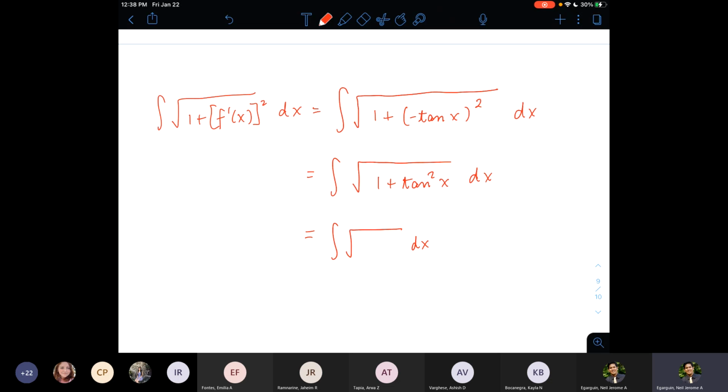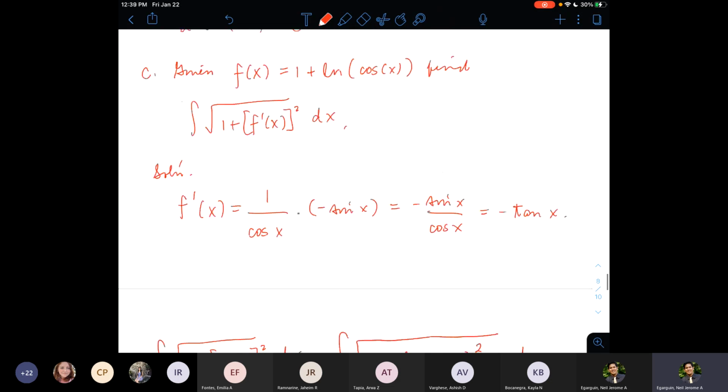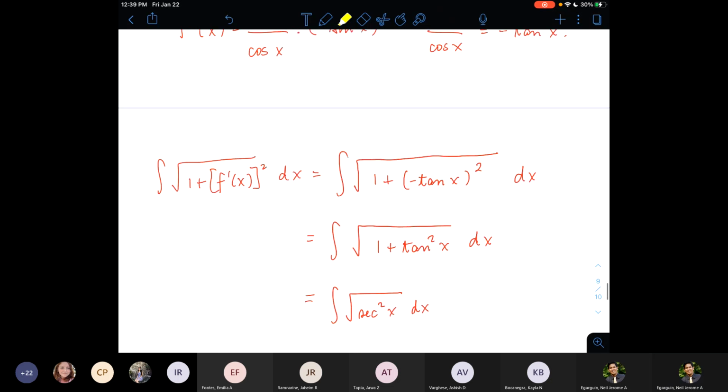Yeah, that's correct, Kevin. 1 plus tangent squared x is secant squared x. And yeah, you're right. The crucial first step here is to find f prime because you want to integrate something that involves f prime. You're given f, so you need to find f prime. And finding f prime requires you to remember the formula for the derivative of ln, right?